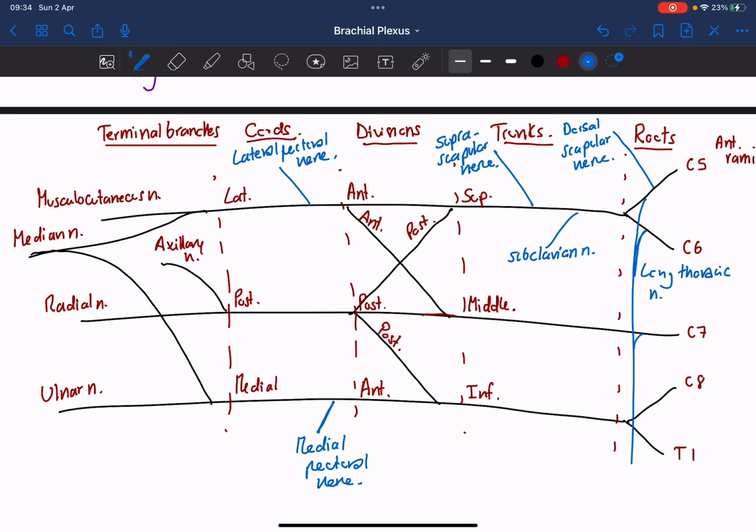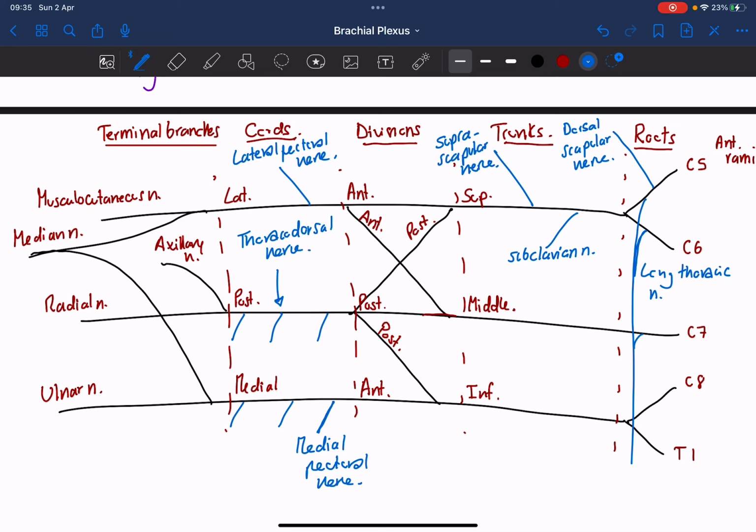These two branches together supply the pectoralis major and the pectoralis minor muscles. So they're both important to supply those two muscles. There are a few more that arise from the posterior cord and two more from the medial cord. What we have over here is the thoracodorsal nerve.